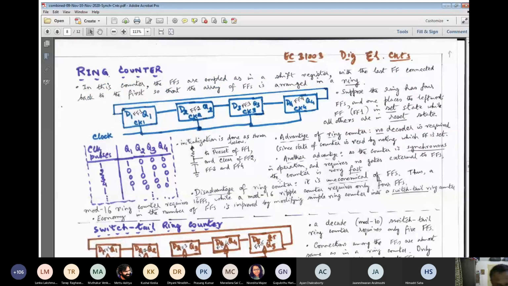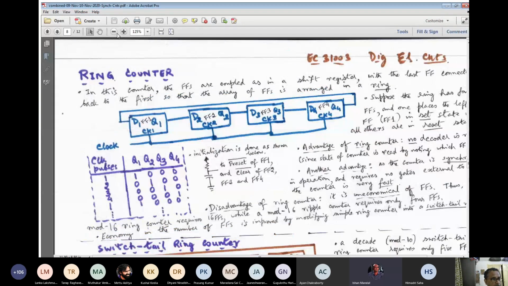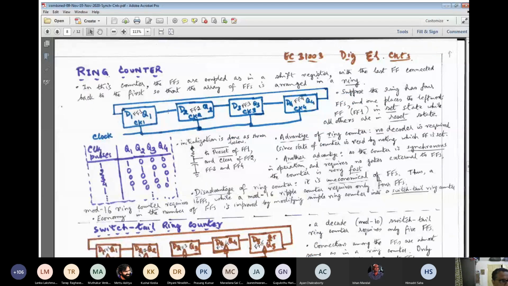Now we are encountering what is called a ring counter. Why is the name given like that? In this counter, the flip-flops are coupled as in a shift register. This configuration is called an end-around carry shift register. That means this is the end of the shift register.